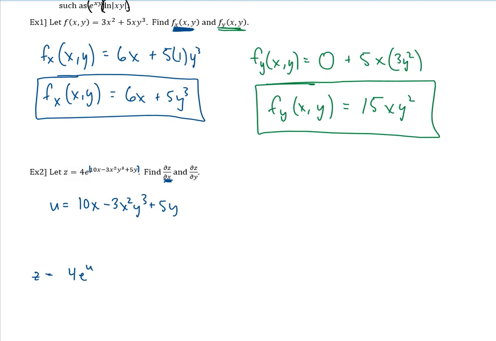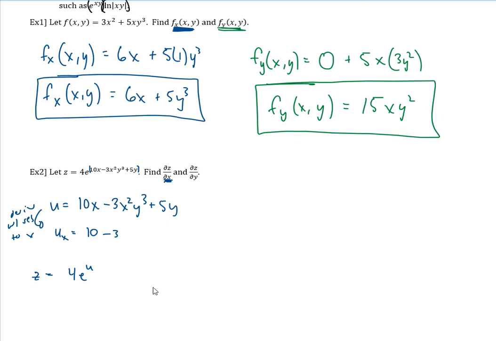Okay, and then to do this derivative, I'm doing it with respect to x. Well, let's use the same notation for partial derivative. So I'm going to do u with a little x, and then now let's go through it. Okay, so the derivative of 10x would be 10. The derivative of the second term, well, this minus 3 would just be there.